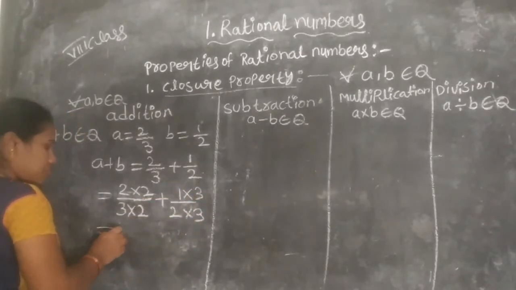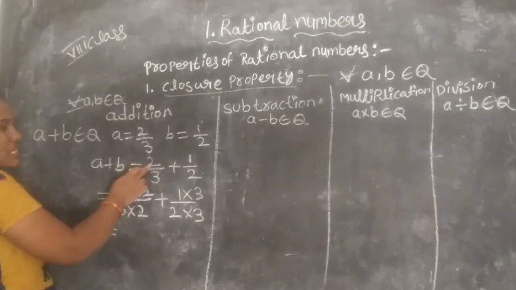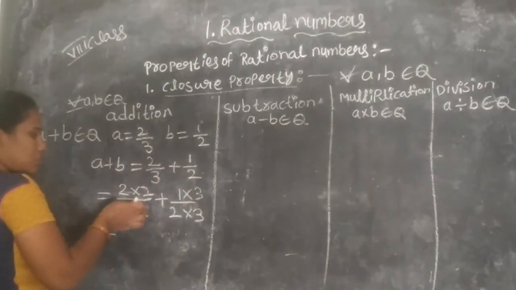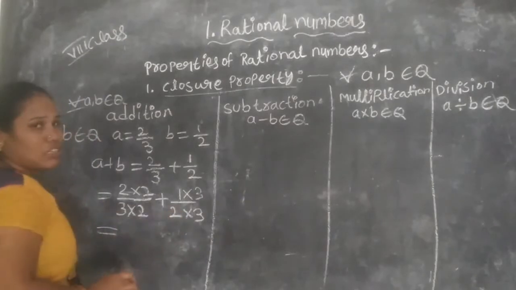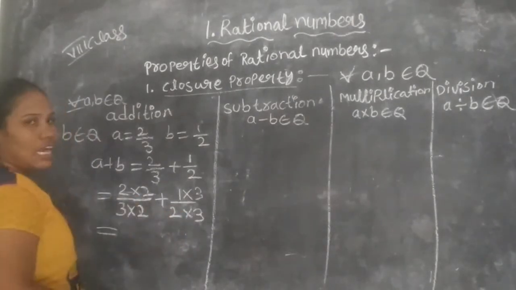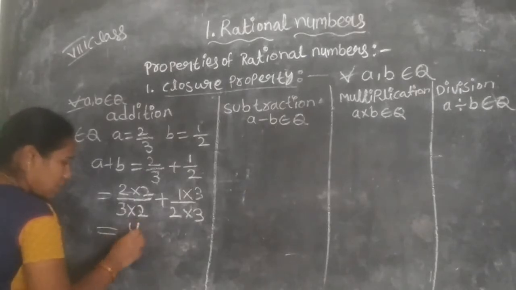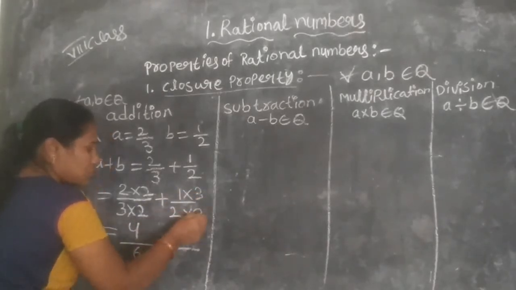If we cancel, the remaining is the same: 1 by 2, and 2 by 3. So you have to equalize the denominators first, then add. 2 2s are 4, 3 2s are 6, plus 1 3s are 3, 2 3s are 6.